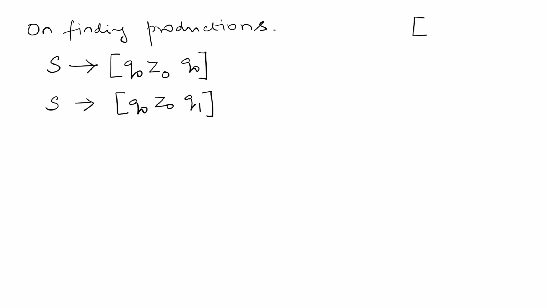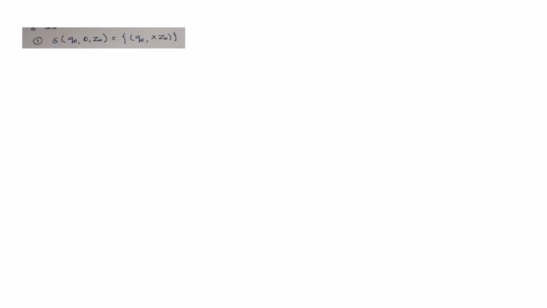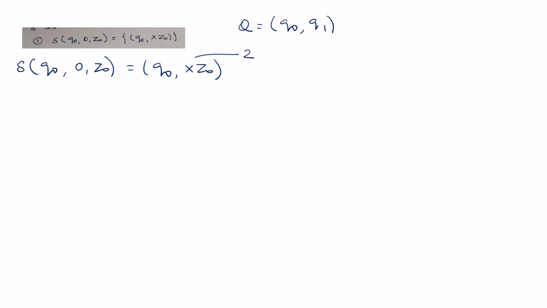The next possibility is, in the given PDA we have two states, Q0 and Q1. The transition given is Q0, 0, Z0, which gives Q0 and XZ0. The number of stack symbols here is 2, and the number of states here is 2.